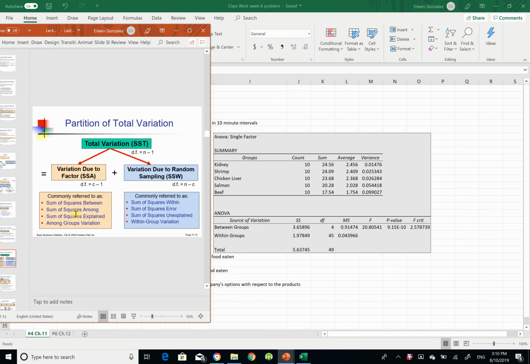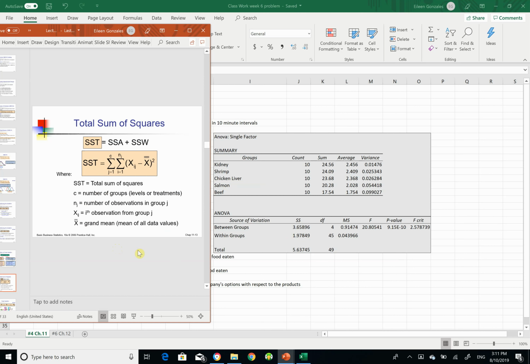This is the among group, or in this case, sum of squares between groups. And then the SSW right here is the within group variation.